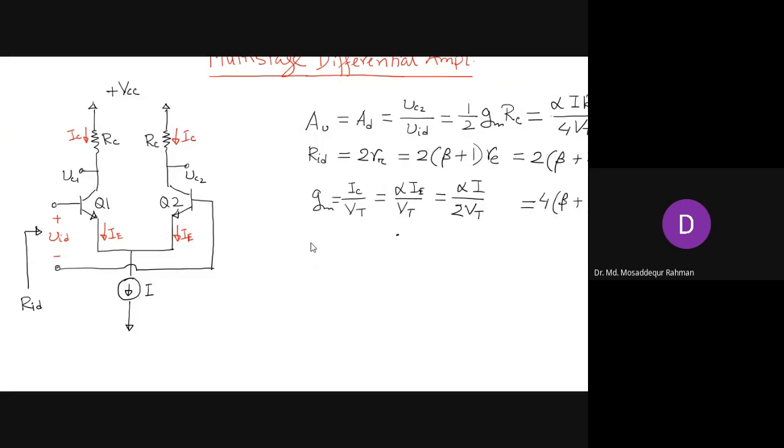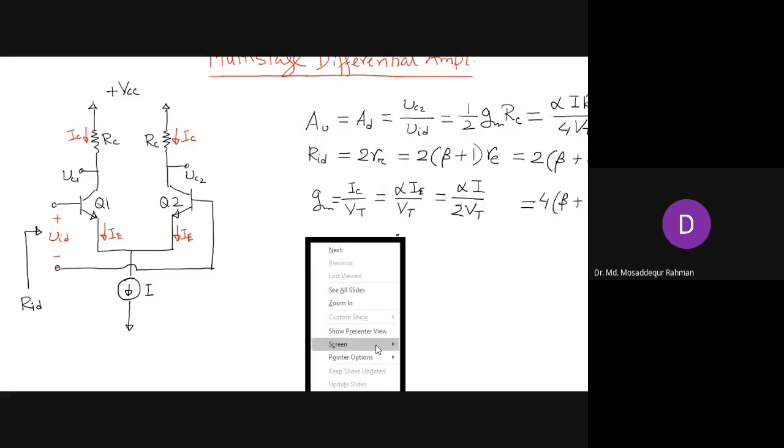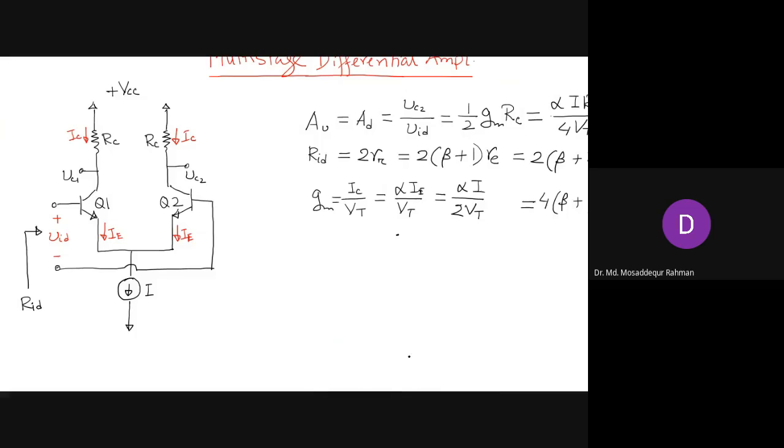Okay, so what we have derived here, the gain expression is alpha I RC divided by 4 VT.